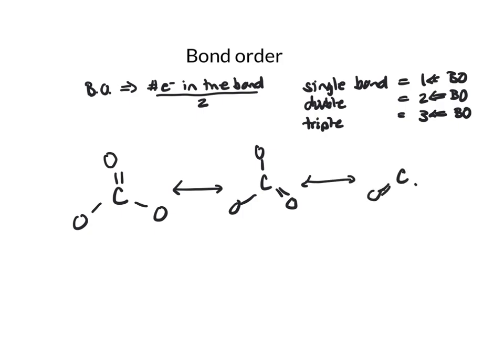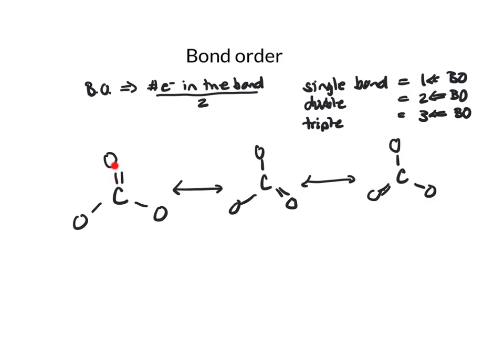So it turns out that these two electrons here are not wholly associated with this bond. And they're not wholly associated with this bond, and they're not wholly associated with this bond. So these two electrons are only here sort of 1/3 of the time, here 1/3, and here 1/3. I can only count these two electrons as 1/3 in this bond, 1/3 in this bond, and 1/3 in this bond. So how am I going to count the bond order?